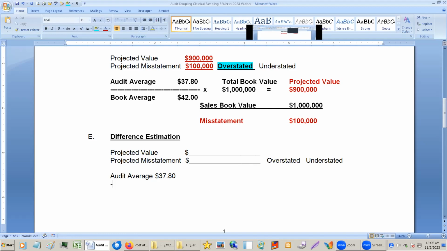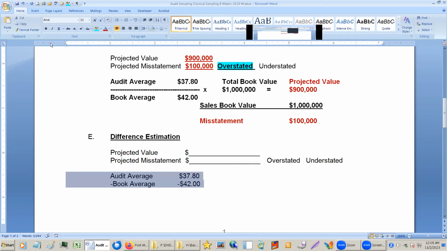We'll subtract out our book average. And so we're going to come up with a number here.